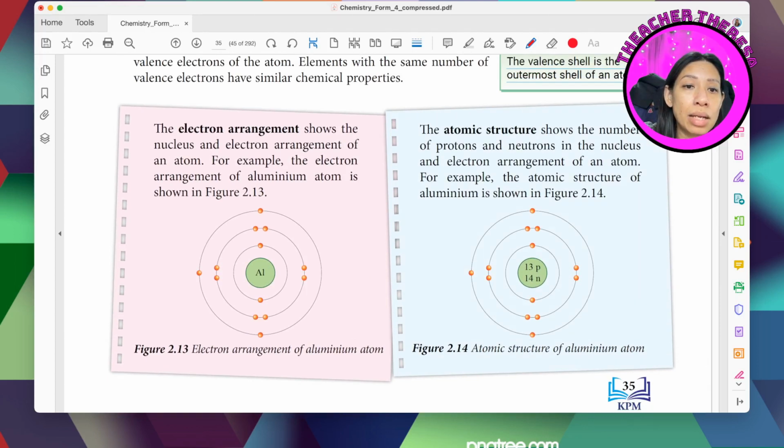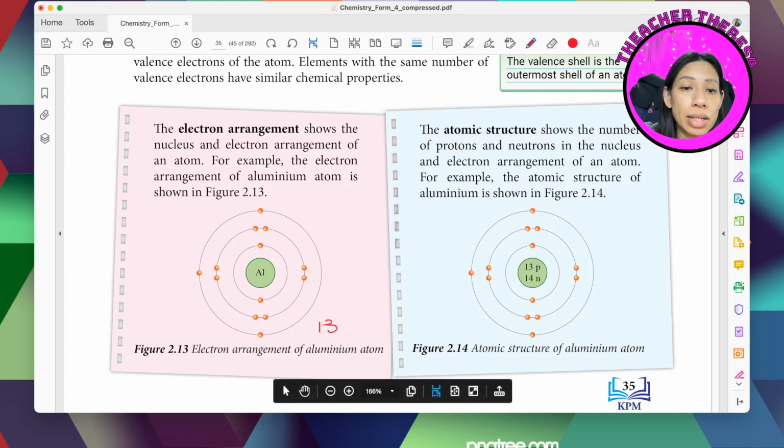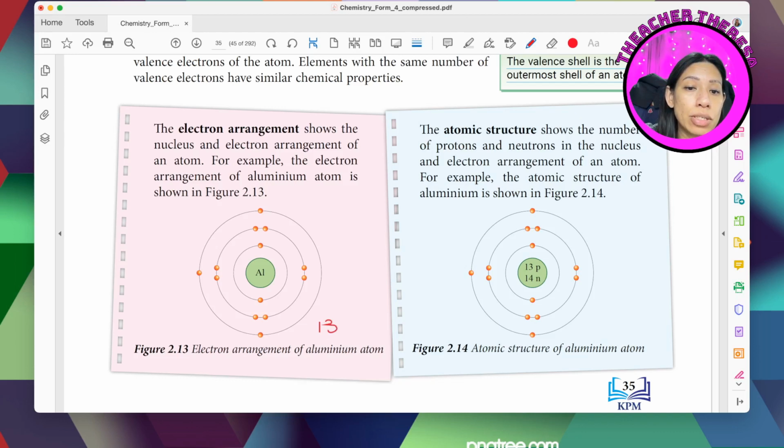So let's say aluminium here. As you can see, it has 13 protons, and because it is an atom, if you have 13 protons, you have 13 electrons. So how do you arrange 13 electrons? The first shell occupies 2, then you have a balance of 11 electrons. The second shell will take 8 electrons.